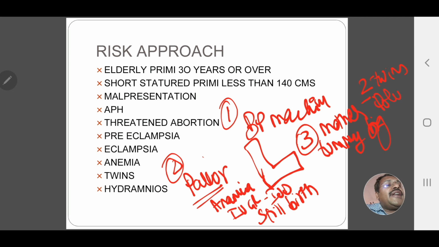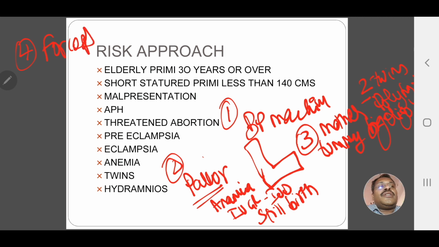So polyhydramnios can occur, or sometimes oligohydramnios can be there. So this picture, if you remember, you can remember twin pregnancy, polyhydramnios, oligohydramnios are all risk factors for high risk mother. And then the fourth picture you have to remember is the picture of a forceps.